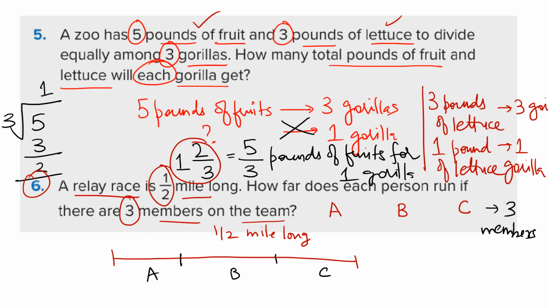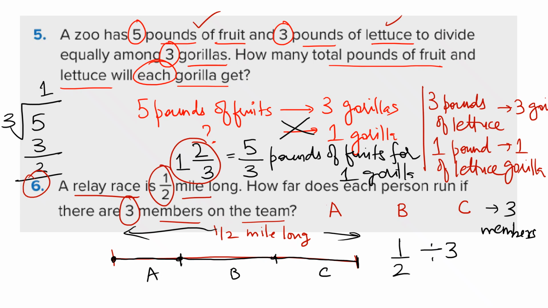So for example, A starts from here, runs and reaches this point. From here, B starts running and reaches this point. From here, C starts running and reaches the end. So the total is how much? 1 by 2 mile long, the total race. How far does each person run if there are 3 members? And we are assuming that each member runs the same distance. So can I say the answer would be 1 by 2 divided by 3? Why do we divide?